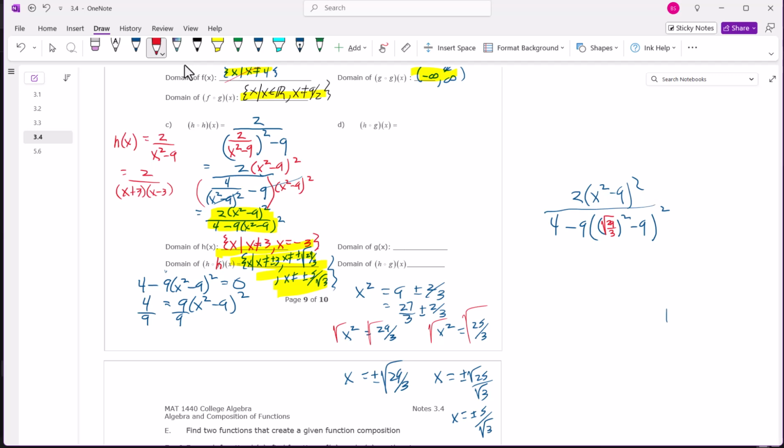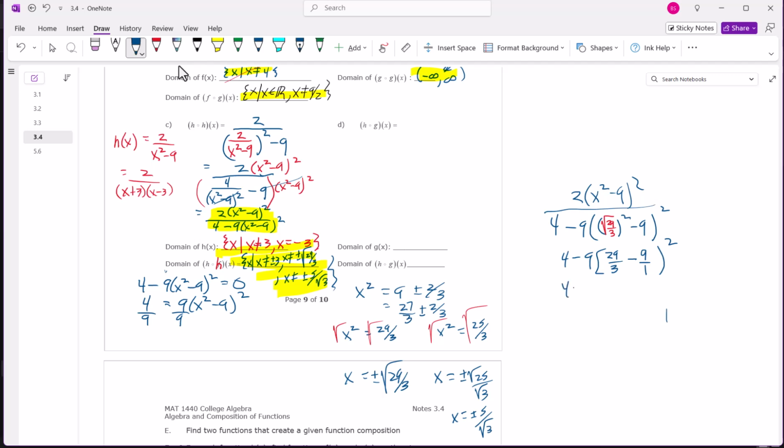Same thing with root 25 over 3. If you worked out the details, the numerator, don't worry about it. Just bring the numerator down. The only thing we worry about is what's going to happen to this denominator. If we do this, we get 4 minus 9 times 29 over 3 minus 9 over 1 squared.